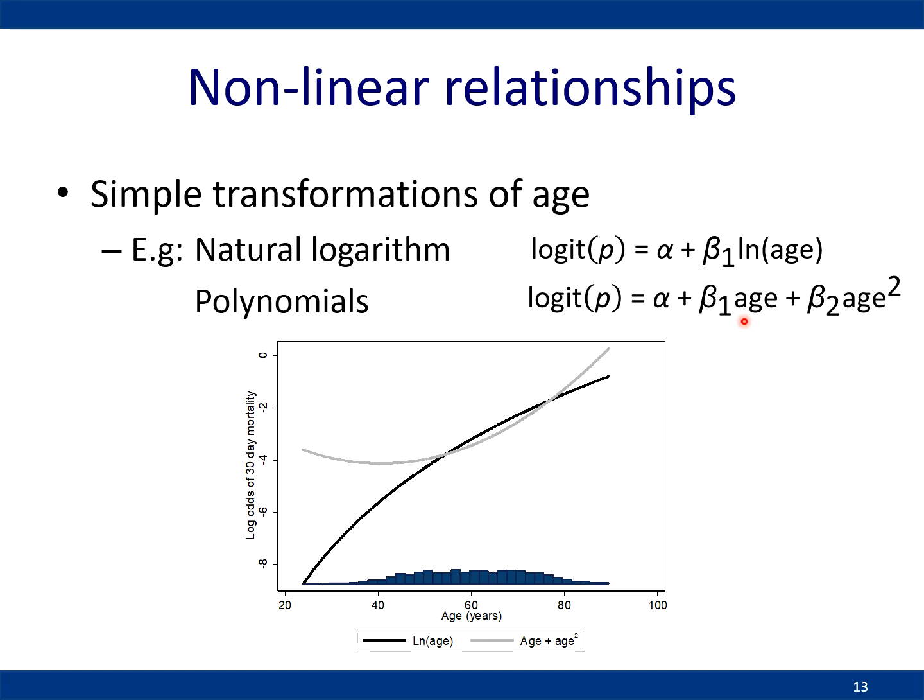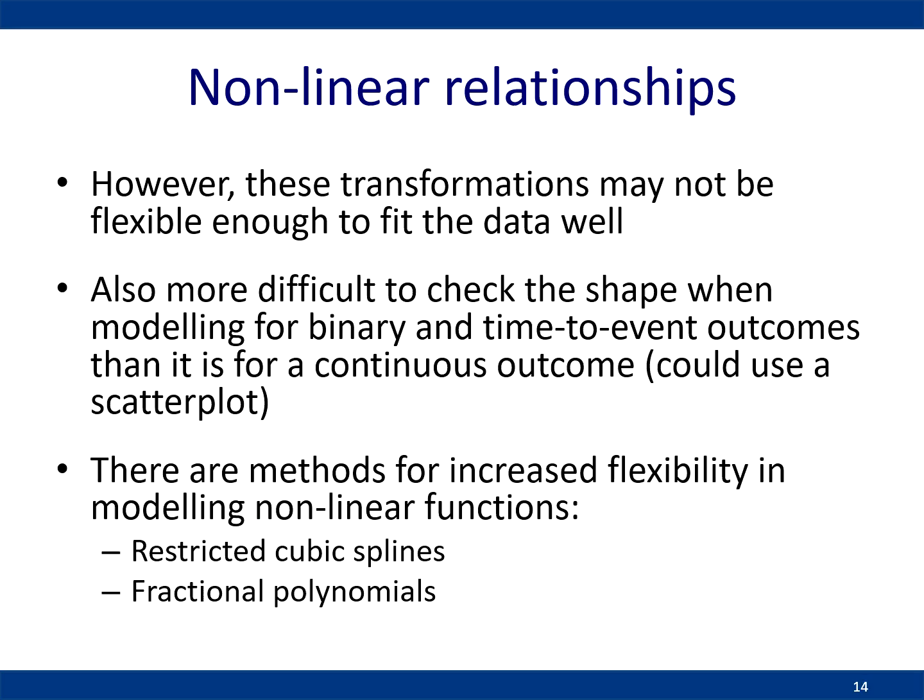So here we have age, and we can include a squared term, for example. And what this means is now that relationship between age and the log odds of 30-day mortality is no longer linear. However, this again might not be flexible enough for real data, and therefore may still not be flexible enough to fit the data well.